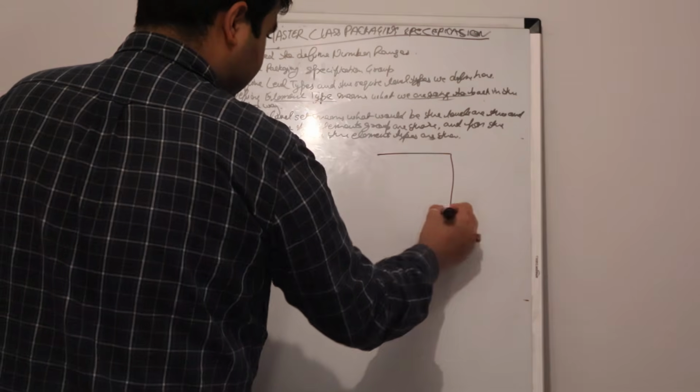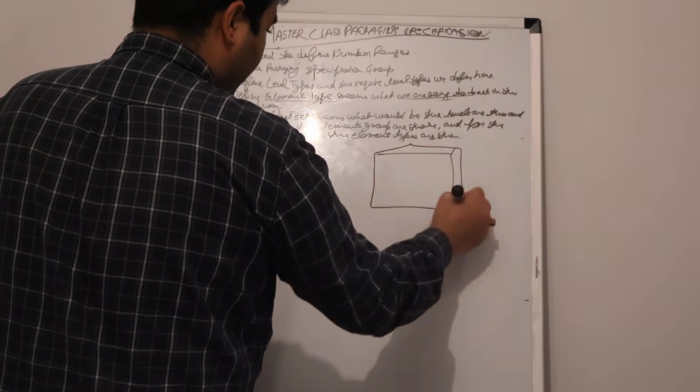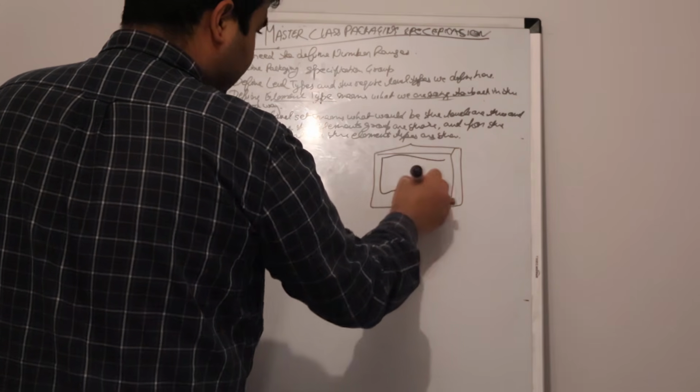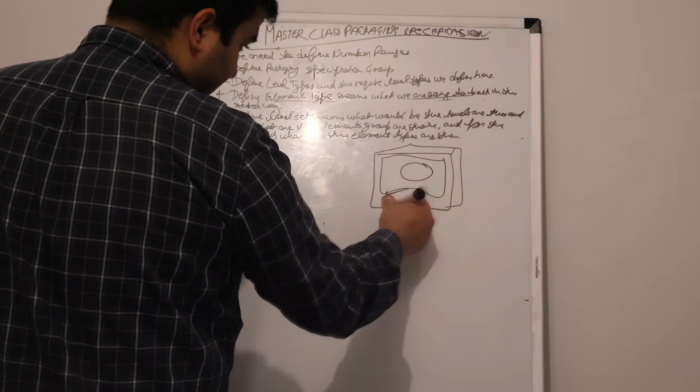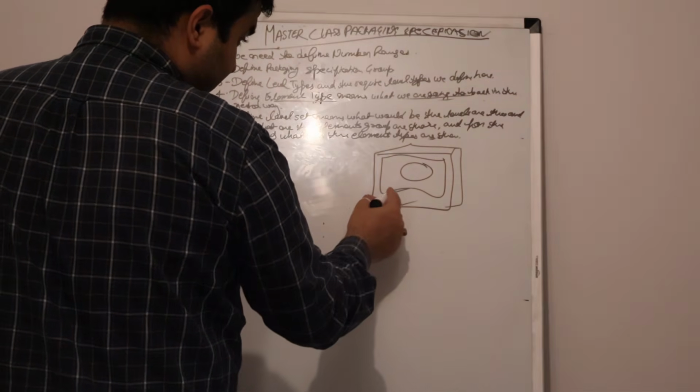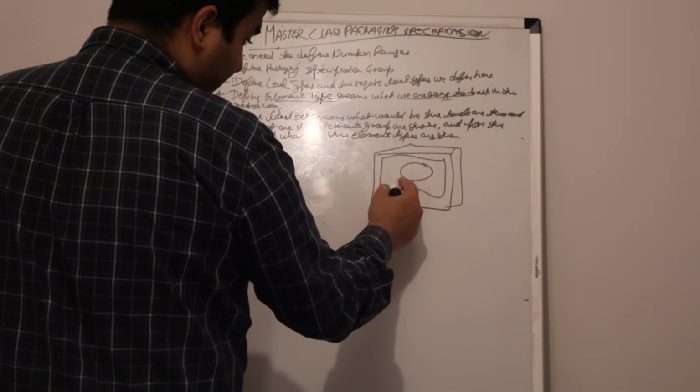For example, this is the box, one paper box, your bearing. Inside we have the plastic bag and we have the bearing. What is the type of this element? What is the type of this element? This is the type of plastic auxiliary material.